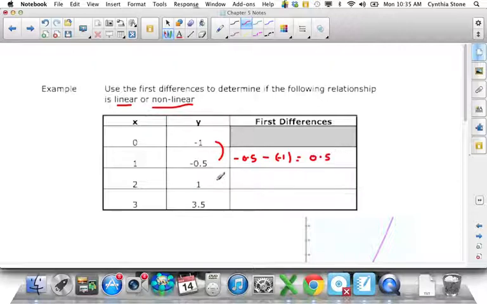Do the same thing here. 1, take away negative 0.5 is 1 plus 0.5, so it's going to be 1.5.